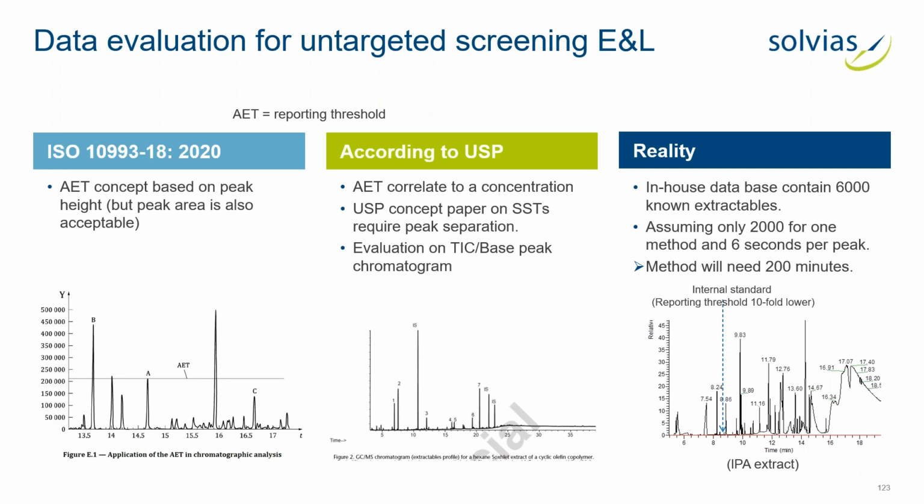So what do the guidelines say? You have different guidelines. One is, for example, for medical devices, ISO 10993-18. You have another one, the USP, for primary packaging. And sometimes it's even very complicated to define which of the two guidelines applies, because some of the devices can be used for both.